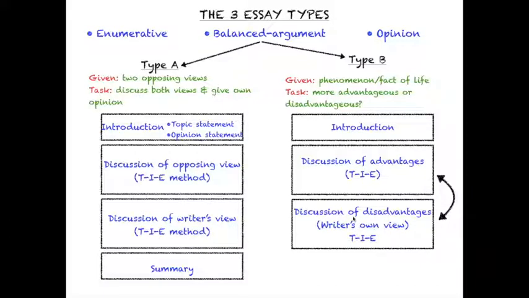Now, after the students read paragraph 3, you direct them to paragraph 4, which now emphasizes the same method that they learned in the first essay type. So basically, the summary here is a restatement of the opinion that had been written over here in the first paragraph.